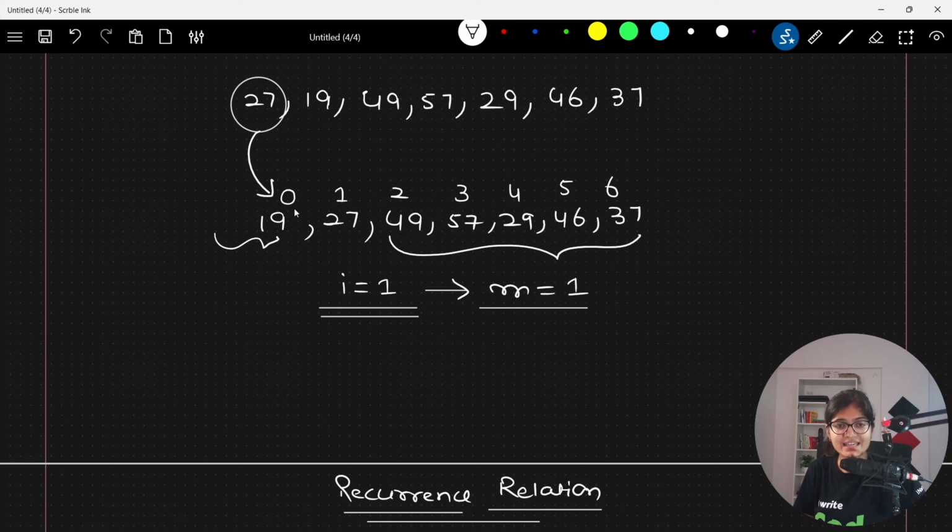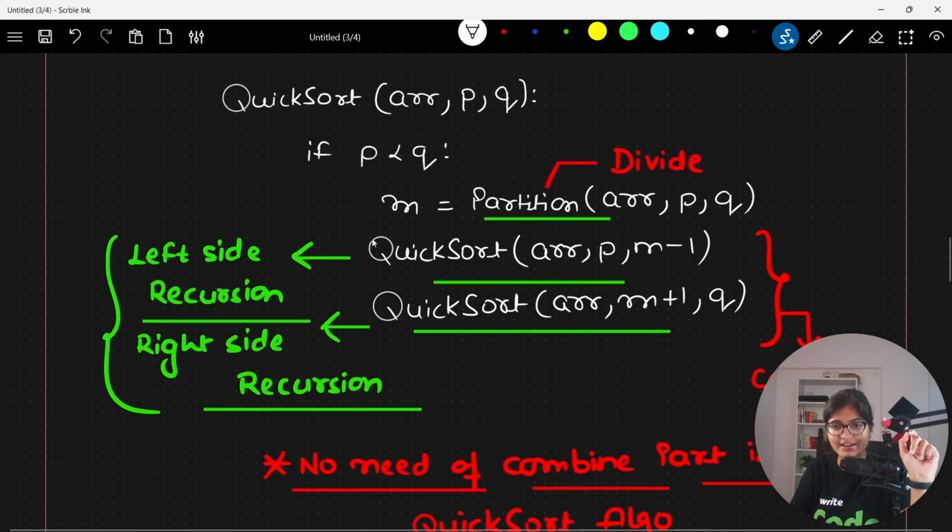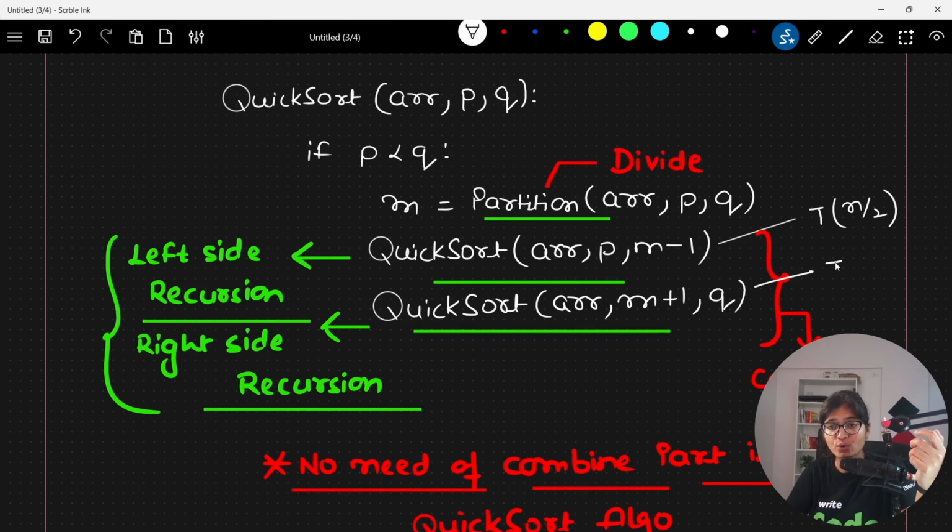So here if you see, you are not having n by 2 numbers on the left side and n by 2 on the right side. You are having almost all the numbers on the right side itself. So you can't write the recurrence relation like the way we used to write in binary search or in merge sort. We can't write n by 2, because we don't know that half of the elements will definitely be at the left side and half at the right side.